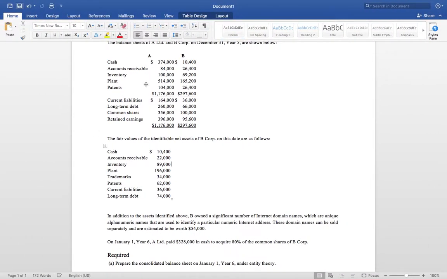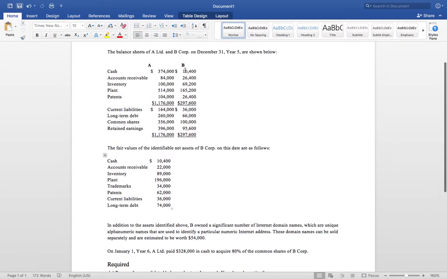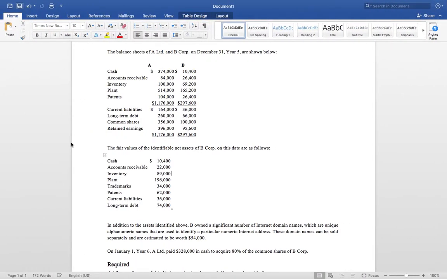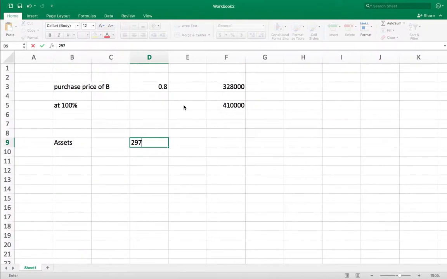Now we have to see the difference between their assets and their liabilities. Their assets were 297,600.